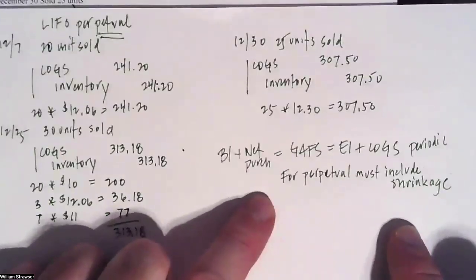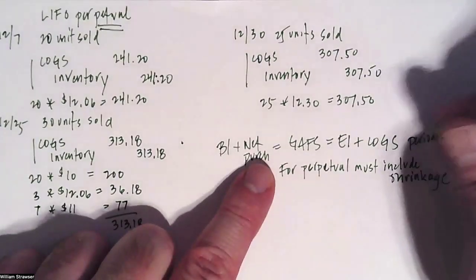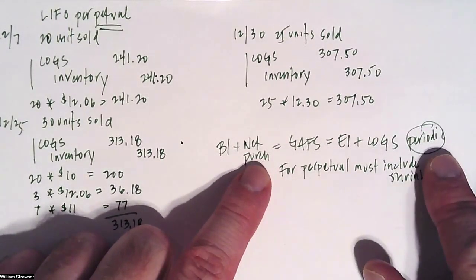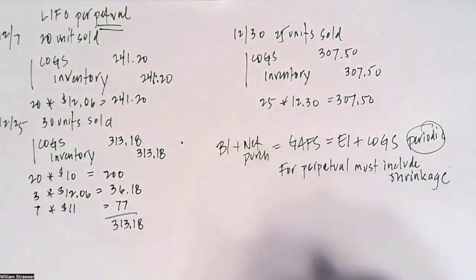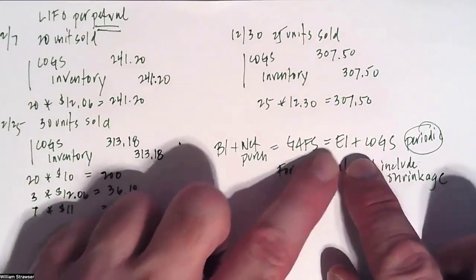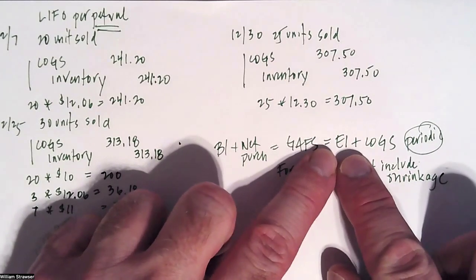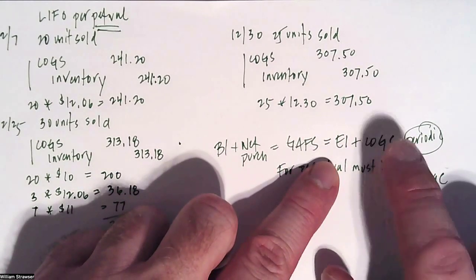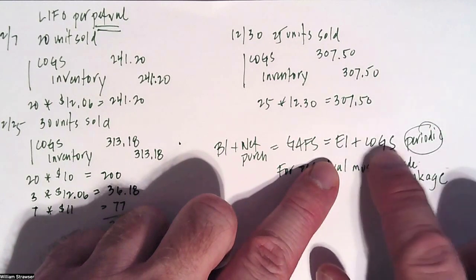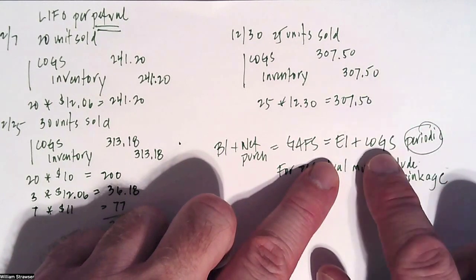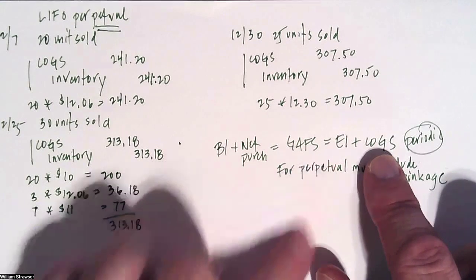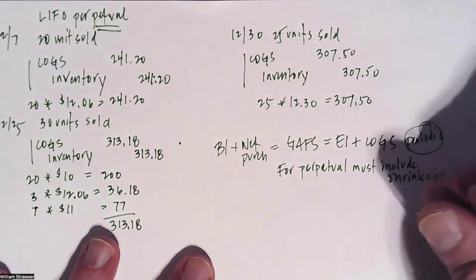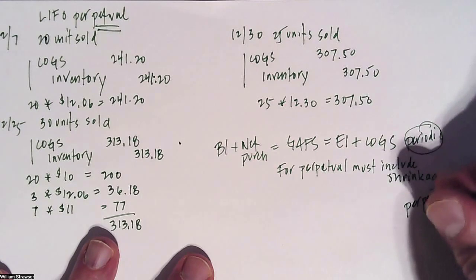So for why this is okay for the periodic but not the perpetual. Because remember, under the periodic, anything that we don't find in our inventory count, we assume we sold. So under the periodic, cost of goods sold includes shrinkage. Under the perpetual, we can separately identify shrinkage.